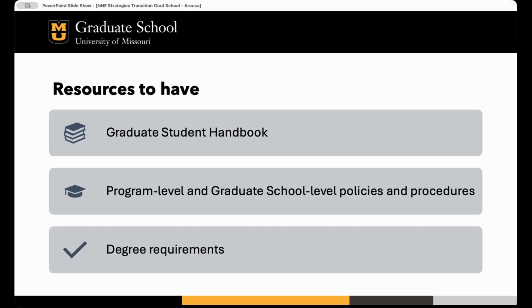But they should provide you with a whole picture of it. And sometimes a program might not have a specific policy for something, but the graduate school will have that. So the program will defer to the graduate school to manage those kinds of policies. Sometimes it could be parenting policies, so for students who are parents or will become parents.